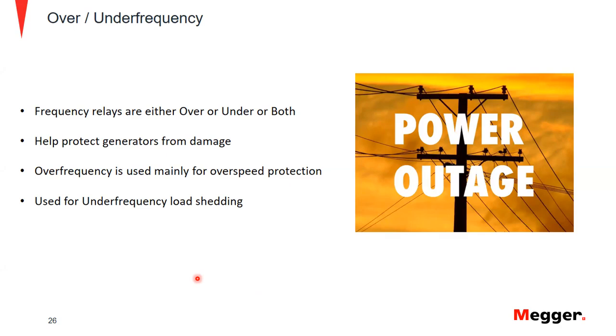We definitely don't want hospitals going down. We don't want industrial plants going down, and we definitely have to make sure that we protect the generators from frequency issues. Serious damage can actually result if the frequency settings are set outside of the specific limits of the equipment. So it's real key to make sure that we're coordinating even the frequency elements as well.